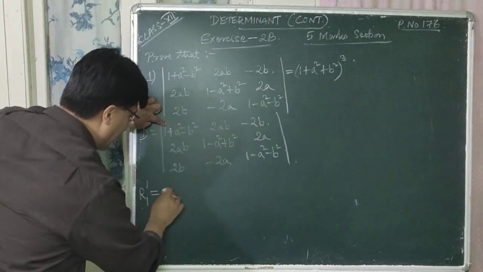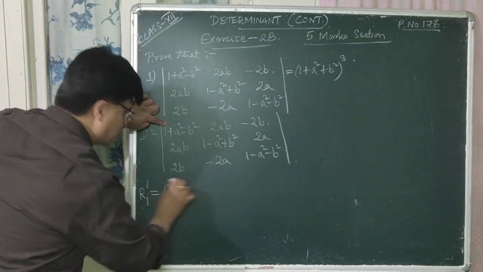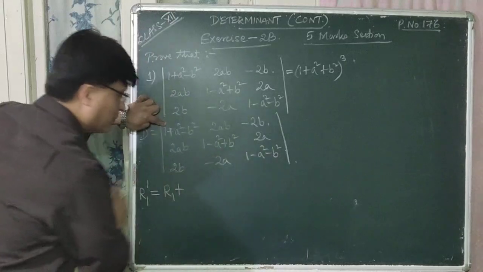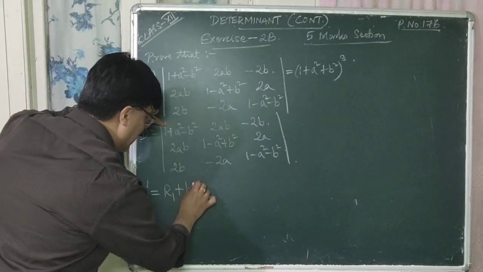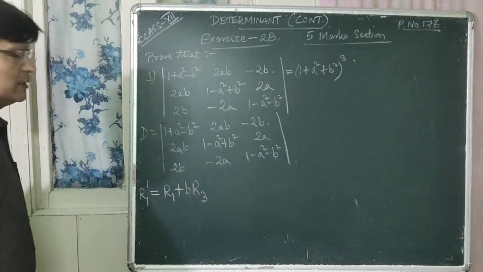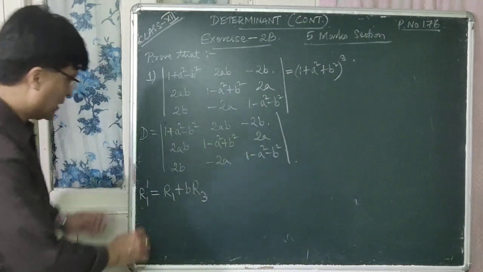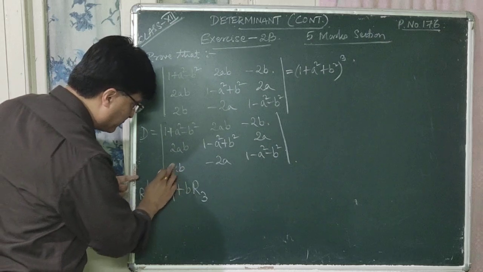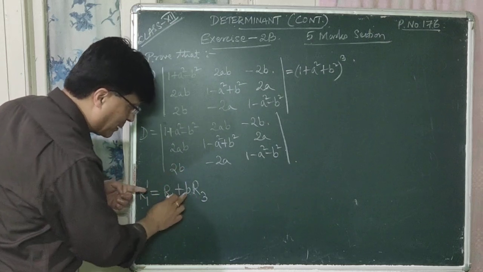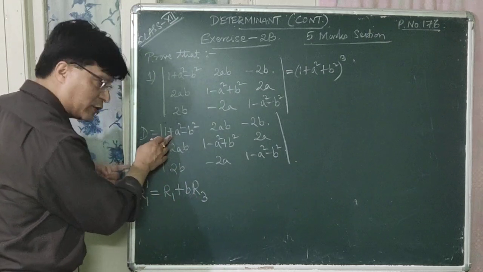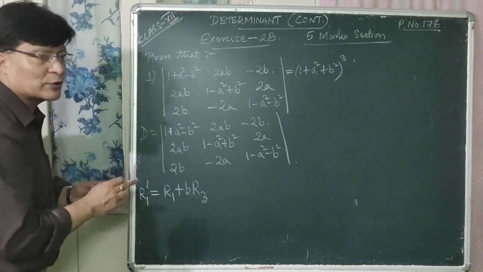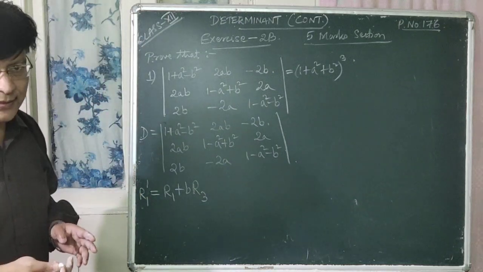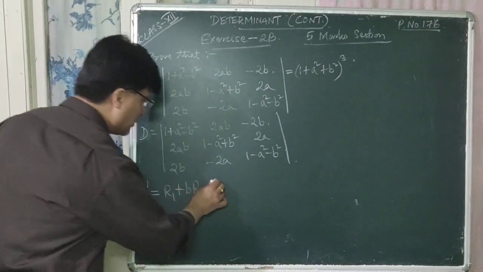R1 dash is equal to R1 plus b into R3. Is that clear to all of you? That means all the elements of the third row are multiplied by b, and it is added to the first row, and the first row is changed. Okay? So this is the property that you can use here.